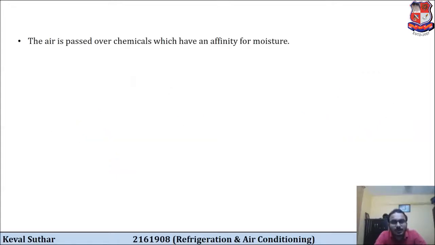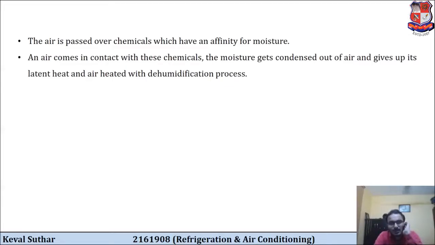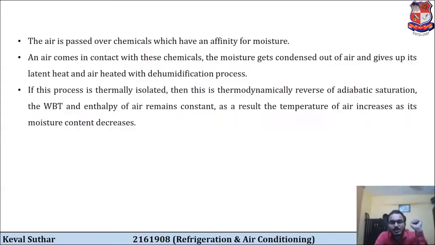So air is passed over chemicals which have high affinity for moisture. So these chemicals can absorb the moisture very easily. So when air comes in contact with these chemicals, moisture gets condensed out of this air and gives up its latent heat, and air is heated with the dehumidification process.